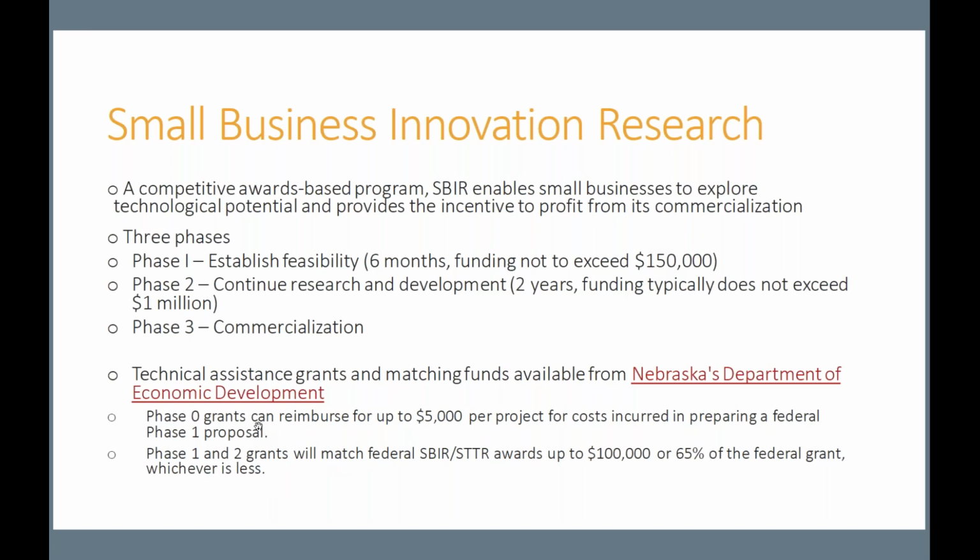The other thing I want to mention is that they also have phase zero grants. A lot of small businesses have just never written a grant before, or it takes time from someone who would otherwise be working in the business to write the grant. So there's $500 or $5,000 that can be reimbursed per project for the costs incurred in preparing your federal phase one proposal.